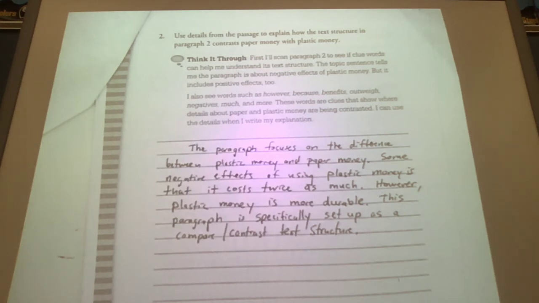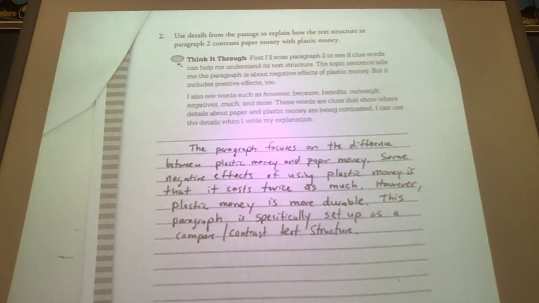The paragraph focuses on the difference between plastic money and paper money. Some negative effects of using plastic money is that it costs twice as much. However, plastic money is more durable. This paragraph is specifically set up as a compare-contrast text structure. Okay?